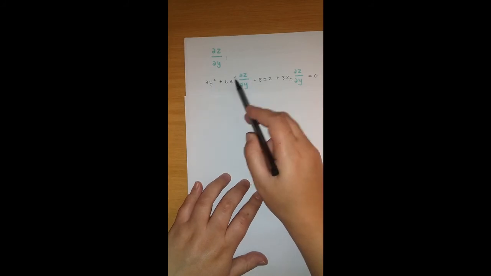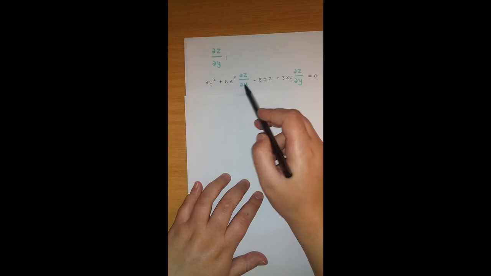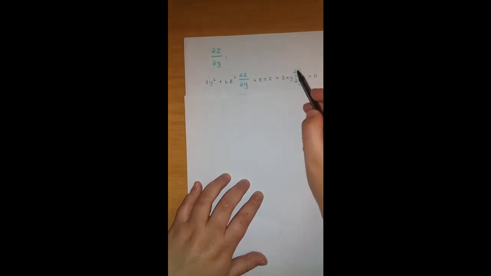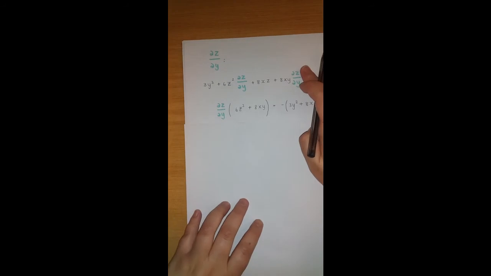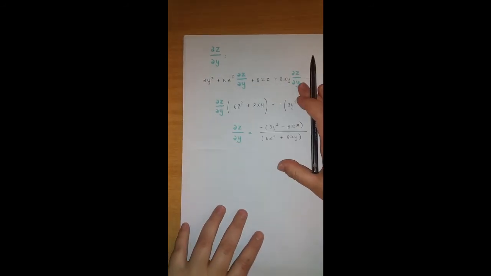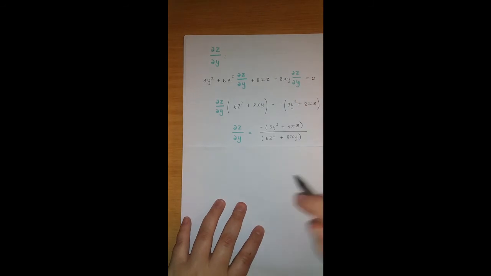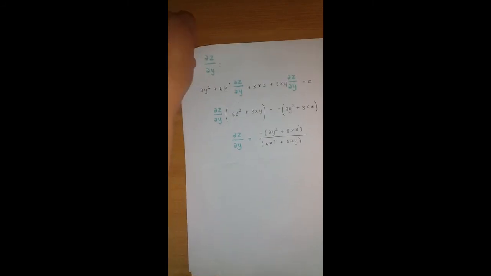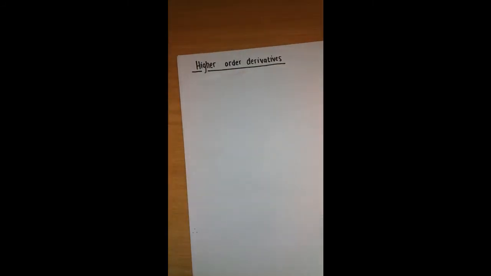Since we derived z, we have to multiply by dz dy, plus 8xz, this is following the product rule, plus 8xy dz dy is equal to 0. We then take out this term and you will find the following. Then you simplify it and that would be your partial derivative of z towards y. And that is the simplified implicit differentiation.